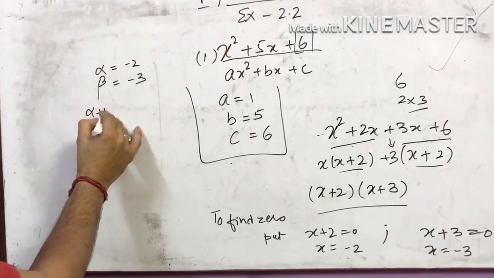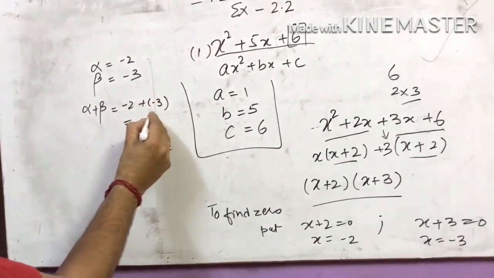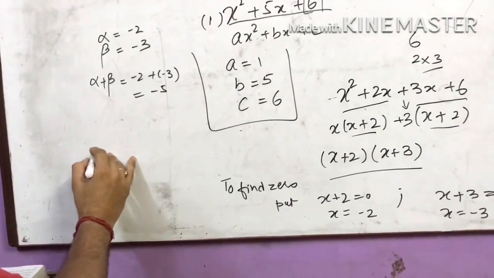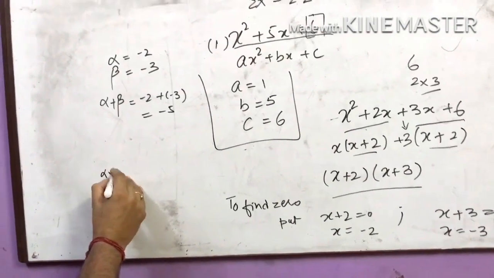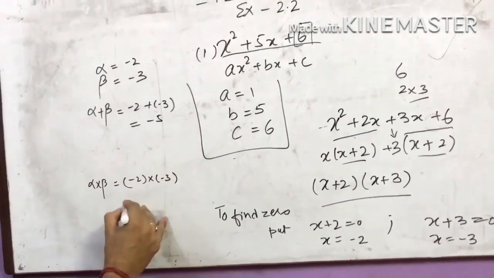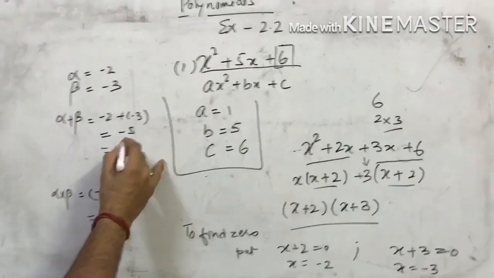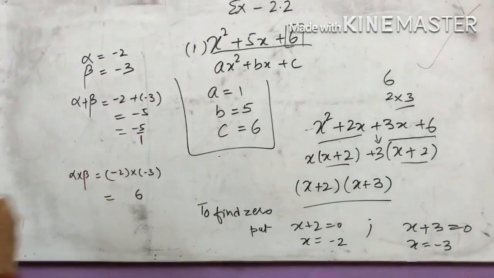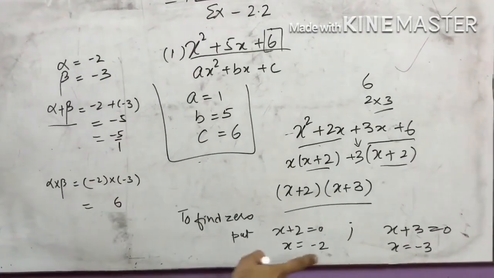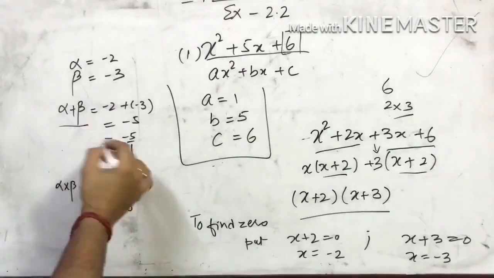And when you add them up, what will you get? Another one you take, when you multiply them, what will you get? Minus 2 into minus 3, you will get positive 6. Okay, now you can write this minus 5 over 1 in this way. When you add the two roots which you have found, you get minus 5 by 1, the sum of roots.